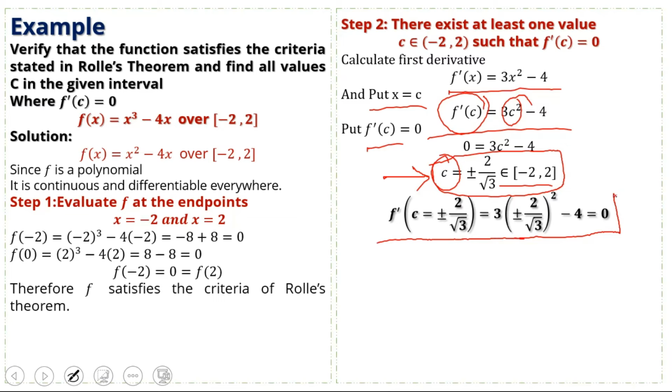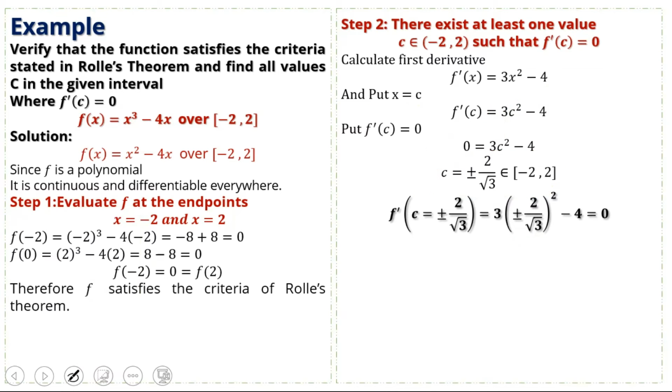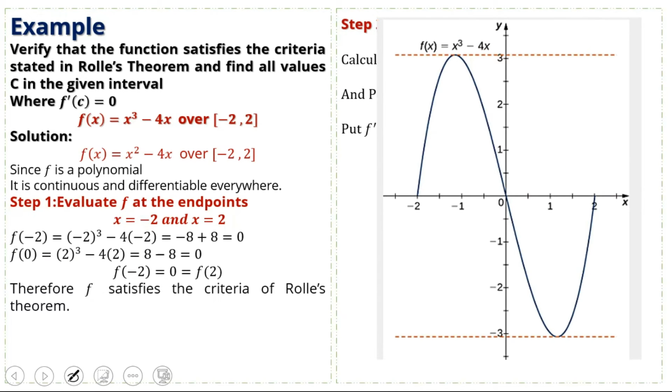Let's see it graphically. This is the graph of the given function. We see that the value of the function when x is equal to minus 2 is 0, and when x is equal to 2 the value of the function is 0. So the value of the function at the endpoints of the interval is the same.